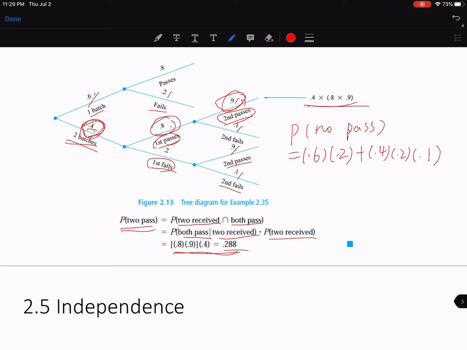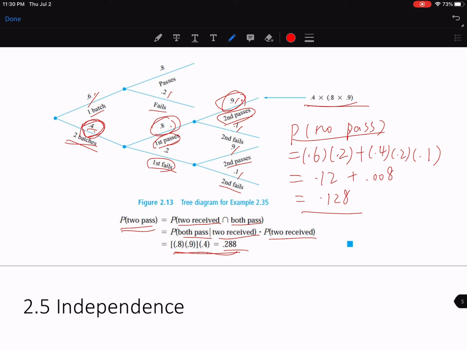Since they are independent, we multiply them together, and we have 0.12 plus 0.08 plus 0.008. Okay, and this is equal to 0.128. And that's how we find the probability of no pass.